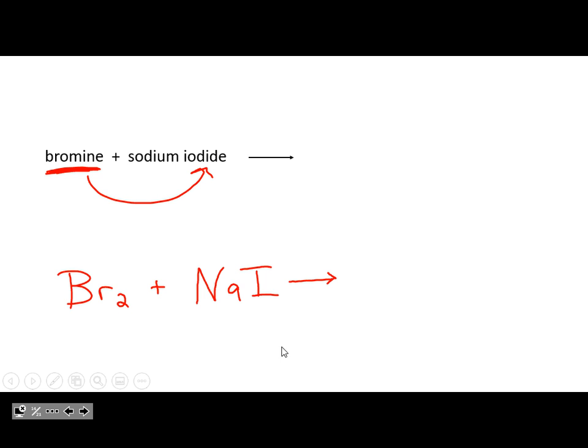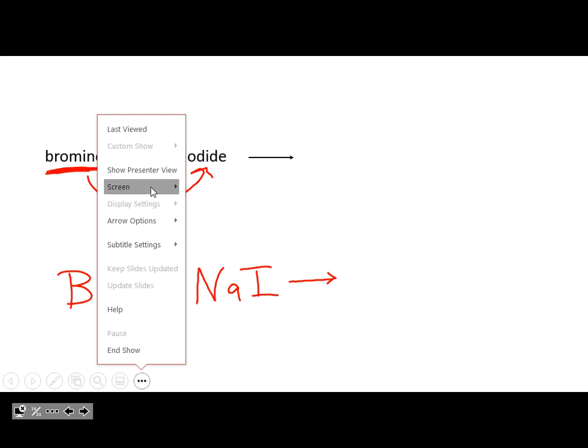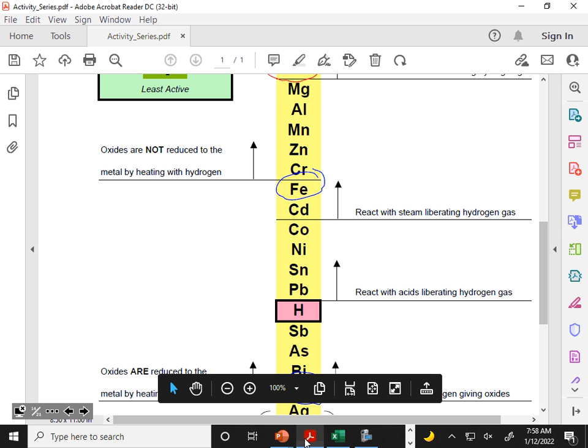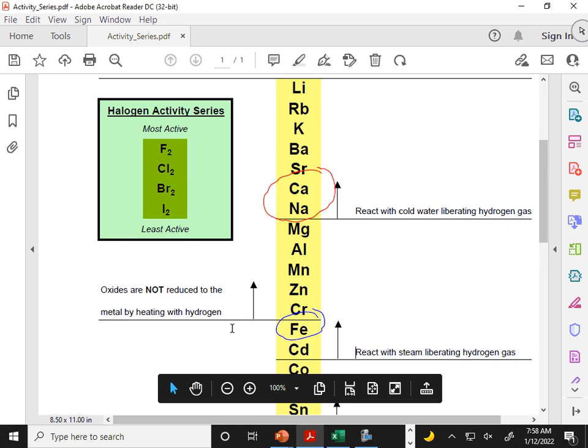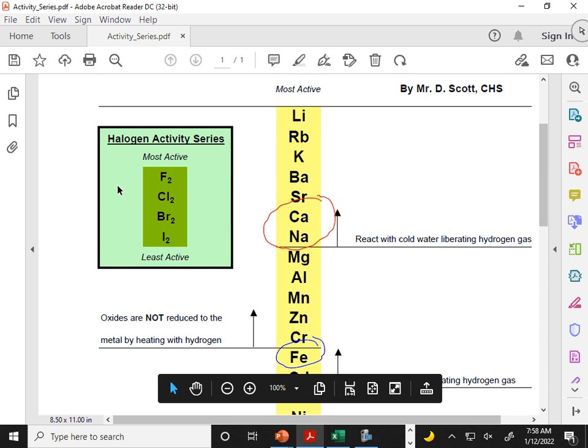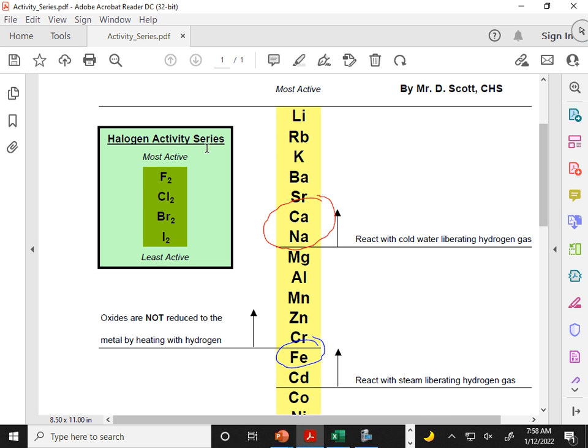On my activity series, I have a little box at the top left that says halogen activity series. If you look at the halogens on the periodic table, the top one is fluorine, then chlorine, then bromine, then iodine.